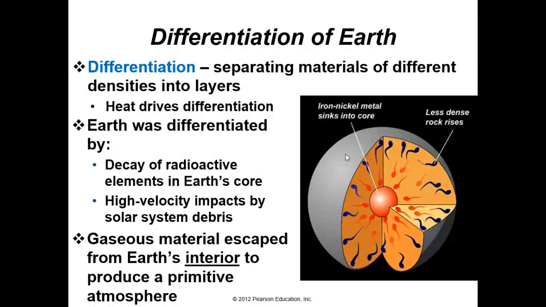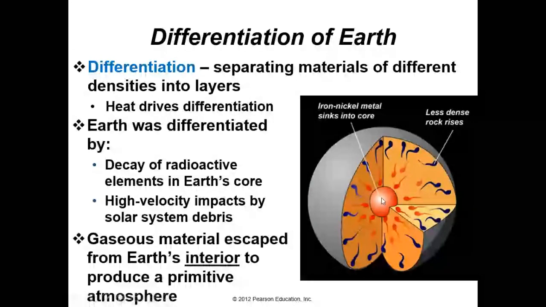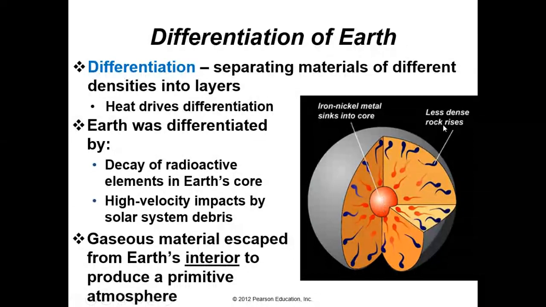So you have the less dense materials rise up towards the surface. The more dense materials, like the metals, begin to sink down toward the core. So over a long period of time, you get the very dense materials in the core. The very light materials get sent out towards Earth's surface. So the gases and the more non-metals, rocky type material.